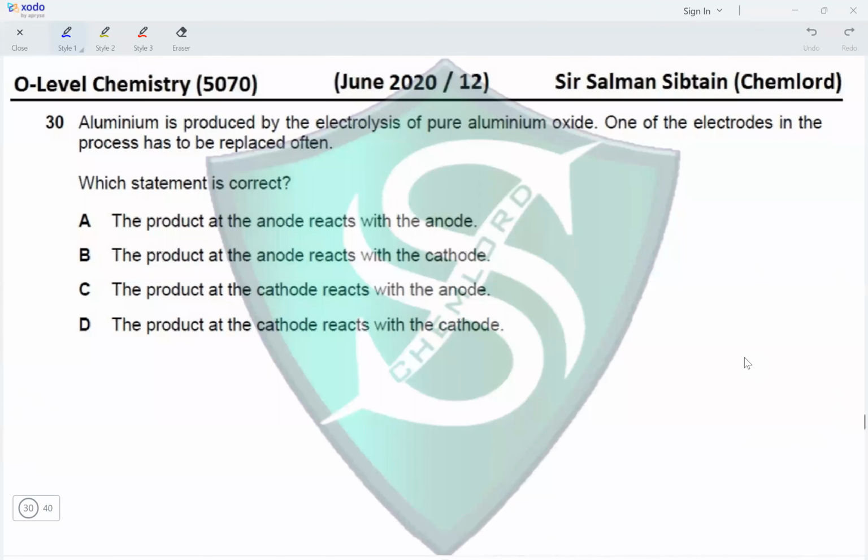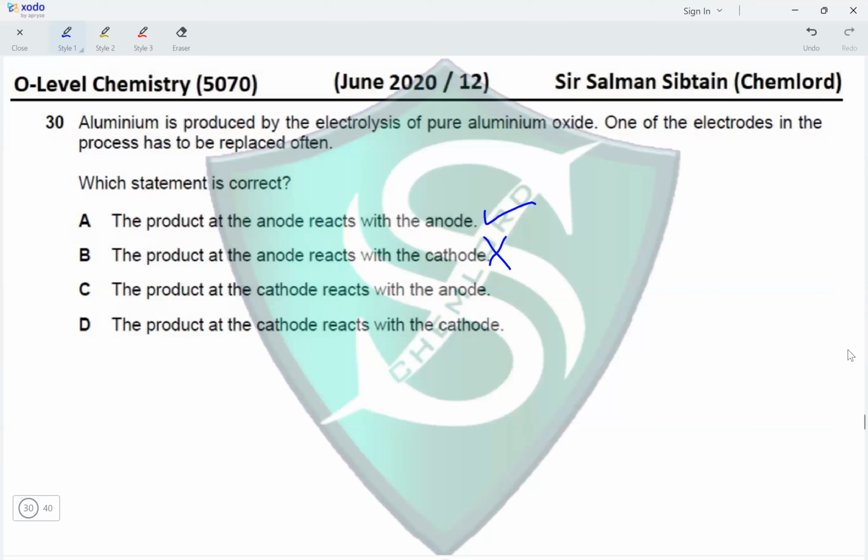Question 30. Aluminum is produced by the electrolysis of pure aluminum oxide. One of the electrodes in the process has to be replaced often. Yes, the anode, because it burns away in oxygen. Which statement is correct? A. The product at the anode reacts with the anode. Yes. Oxygen produced reacts with the carbon of the anode at the high temperature used in the process, and it burns away to form CO2, so it has to be constantly replaced. B. The product at the anode reacts with the cathode.